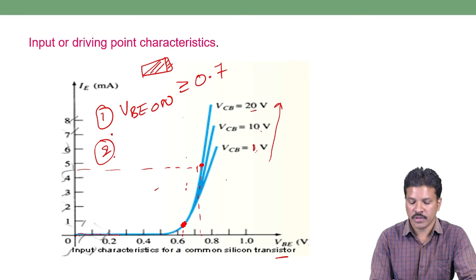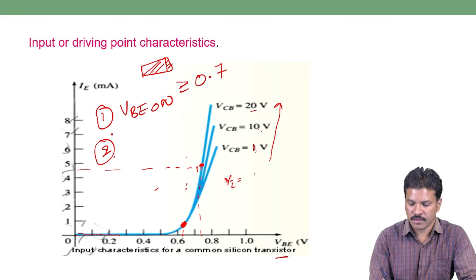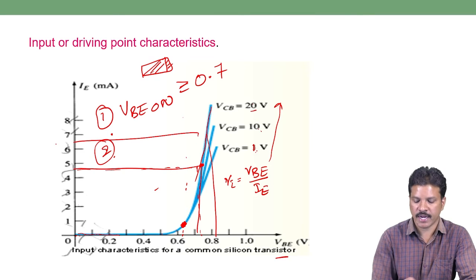The ratio is the input resistance, the DC or static resistance, VBE divided by IE. If you want to measure the dynamic resistance, take a change in voltage and the corresponding change in current.